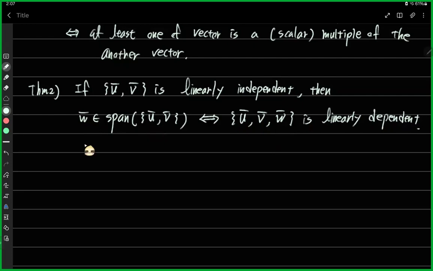So let me generalize this. Assume that u1 through un is linearly independent.